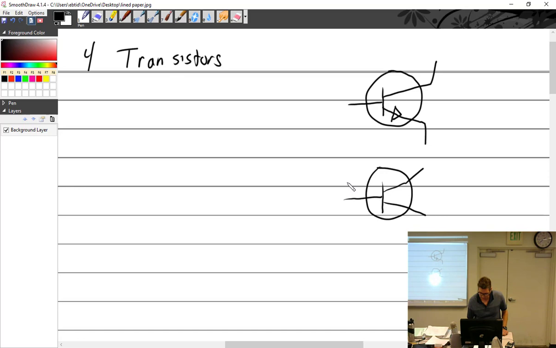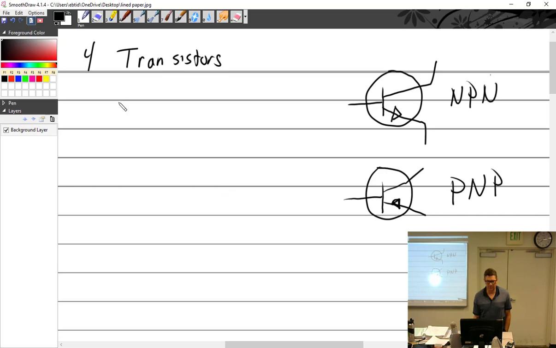We just go like that, and this. That one points in, so this is a not pointed in, and pointed in, pointy, not pointed in, NPN.